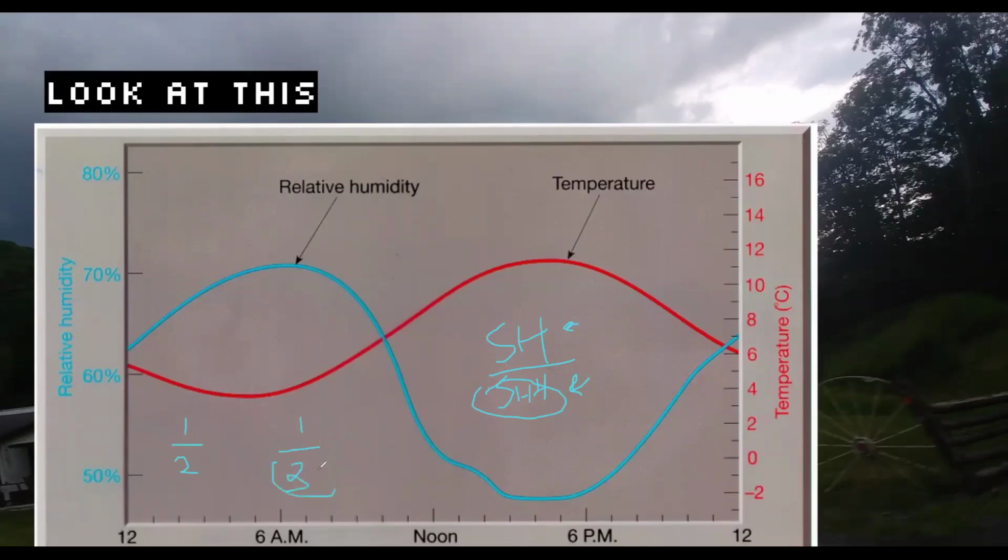So the bigger the number in the denominator, that makes it a smaller number. So if this goes up, we know that RH has to go down. That's why when temperature is higher, RH is lower, and when temperature is lower, RH is higher.